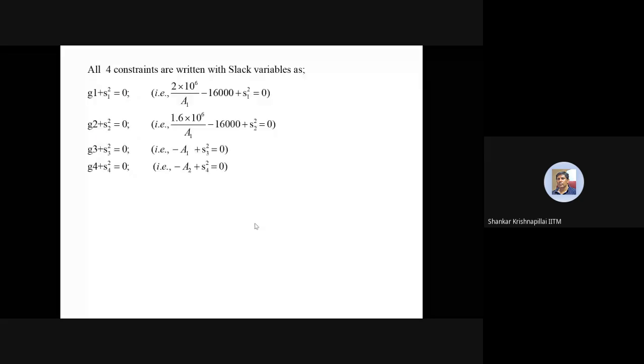Now all these four constraints are written with slack variables like this. So you add S1 squared here, then S2 squared here, S3 squared here, S4 squared here. So they are converted to equality constraints with the slack variables.